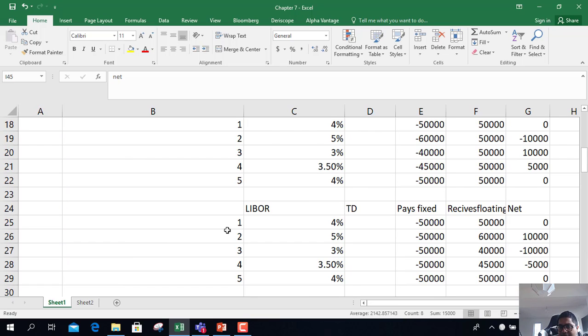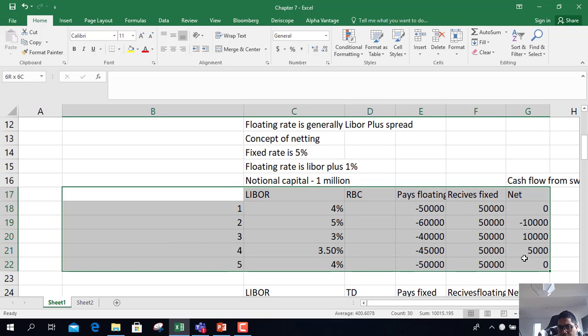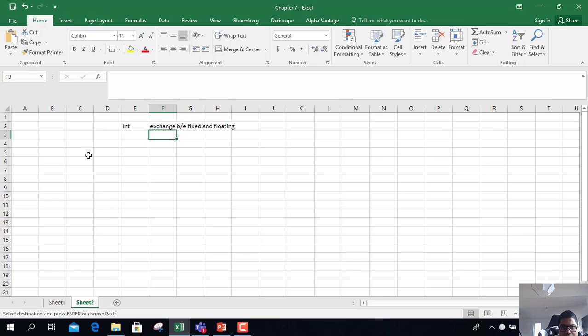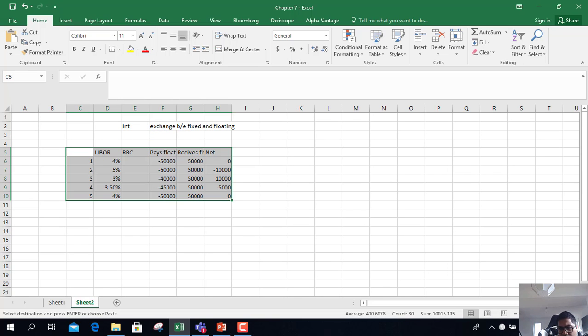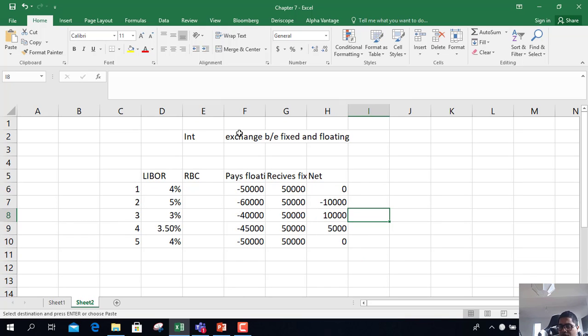So we did this example. So let's calculate value of this swap. So the RBC one. So this was the swap, this was the netted amount, right?